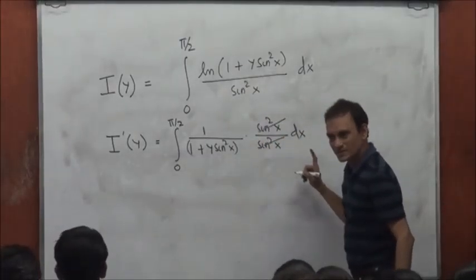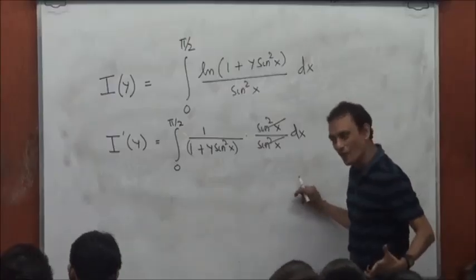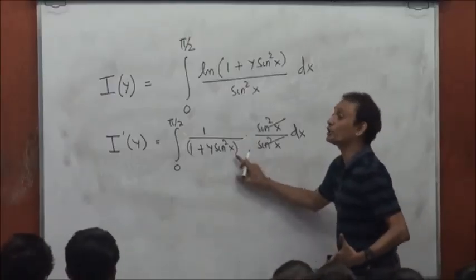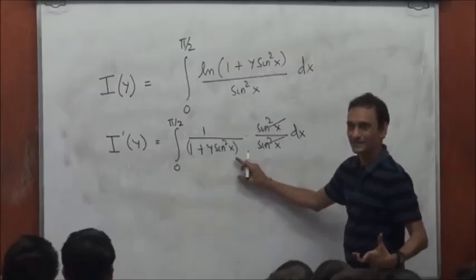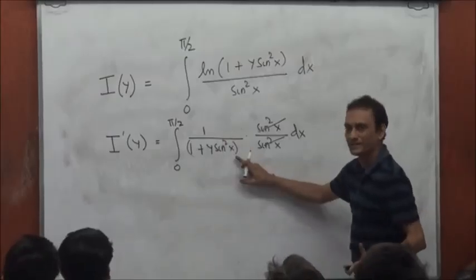That means I need to integrate this with respect to x. Simpler looking thing now. Multiply numerator and denominator with sec squared x.